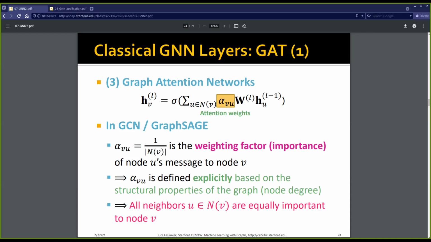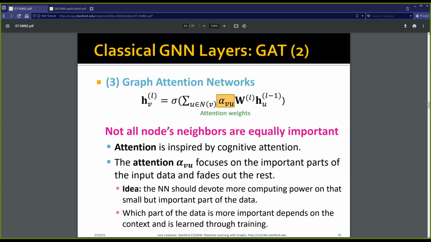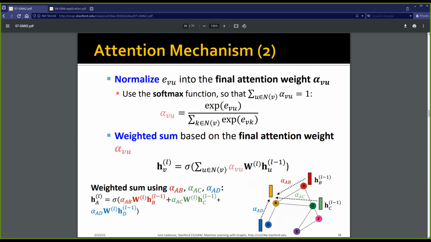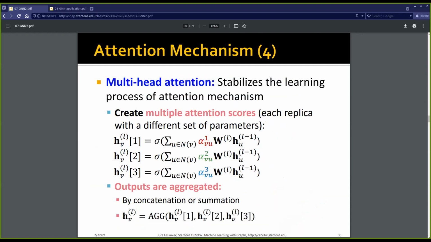All right, so let's move on. If you use a single attention score, practice shows that it's quite hard to train. It converges poorly and there are many problems.